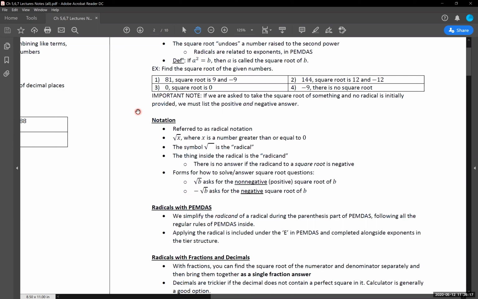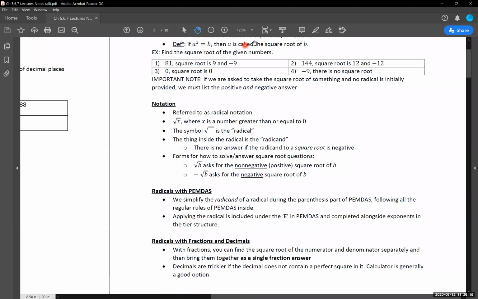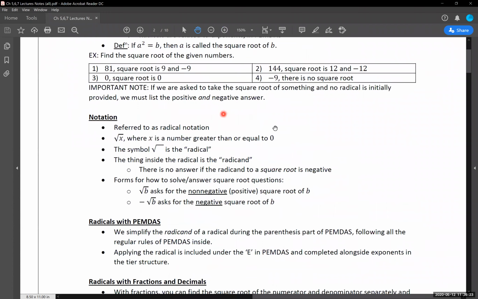Okay. So I'm going to zoom us in here a little bit to make sure we're looking at this better. So working with notations with square roots, it's referred to as radical notation, probably due to the fact that we are going to be using this symbol that we have showing up here.